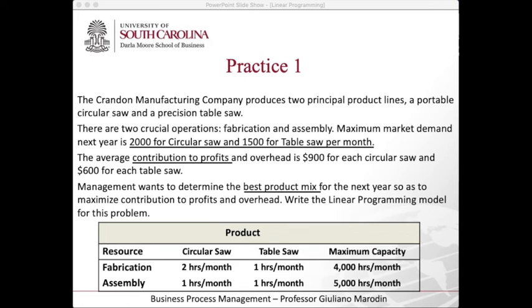So I want you to create the equation for this problem. So first identify the decision variables, create the objective function, and then the constraints with what you just learned in the video. Do that, write that down, and when we get to the class, I'm going to correct that to see if you guys got it right.